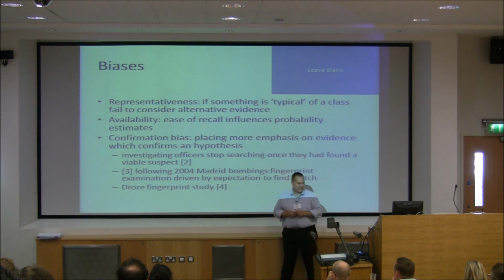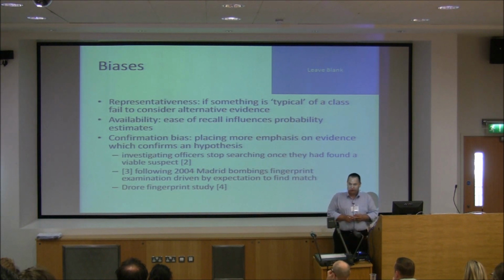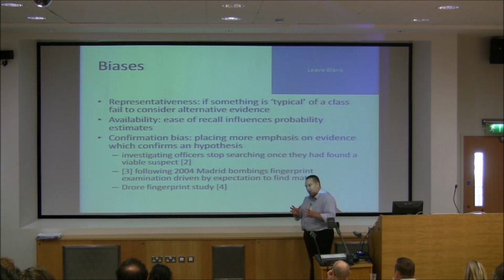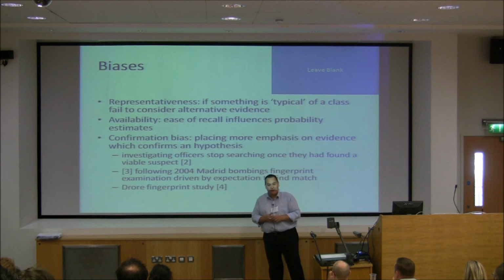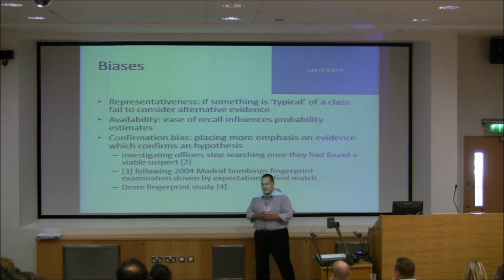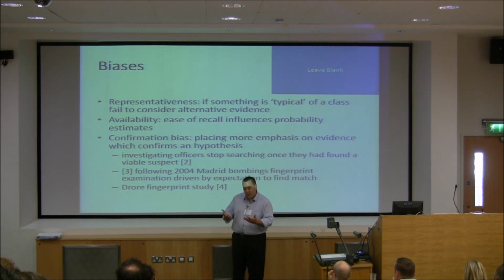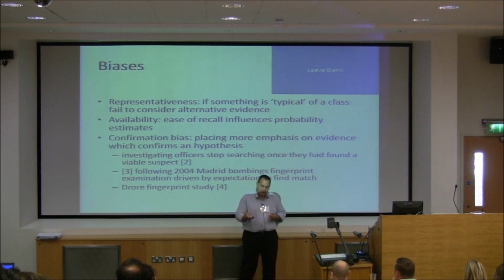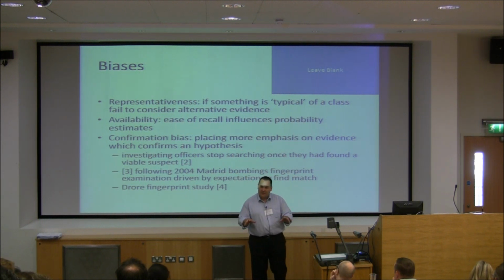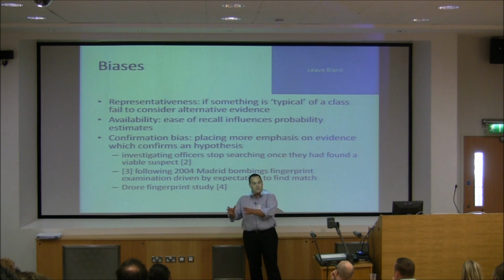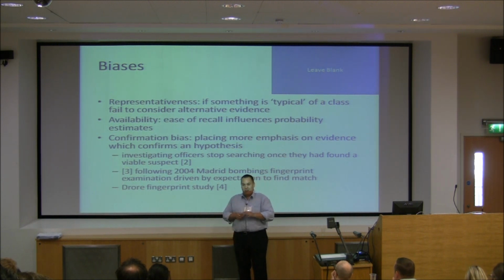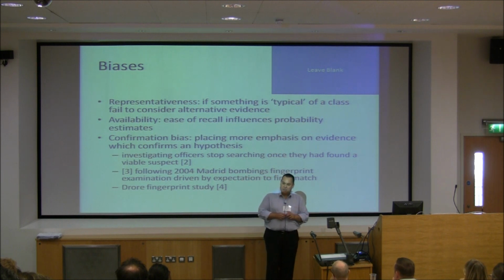This is confirmation bias. Etienne Dror at Southampton University showed that even experts are prone to this sort of confirmation bias. He was looking at fingerprint analysts, and the experiment involved giving people a collection of fingerprints and then profiles of people who could have produced those fingerprints, and you had to say how confident you were that there was a match.